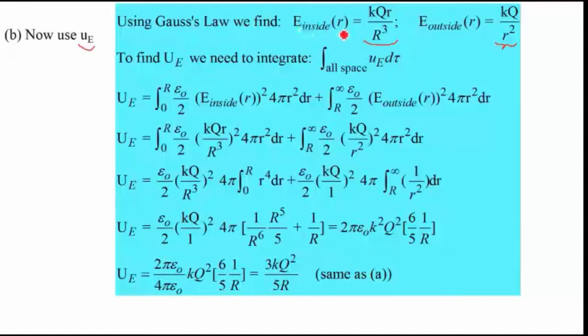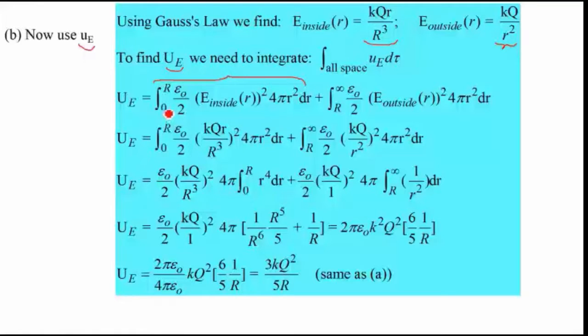The E field increases linearly with r. To find the total U sub E, we have to integrate little u sub E over all space. This integral here is the electrostatic energy density inside times dV. This is the outside term here. So they look similar, but obviously the limits of the integrals are going to be different.